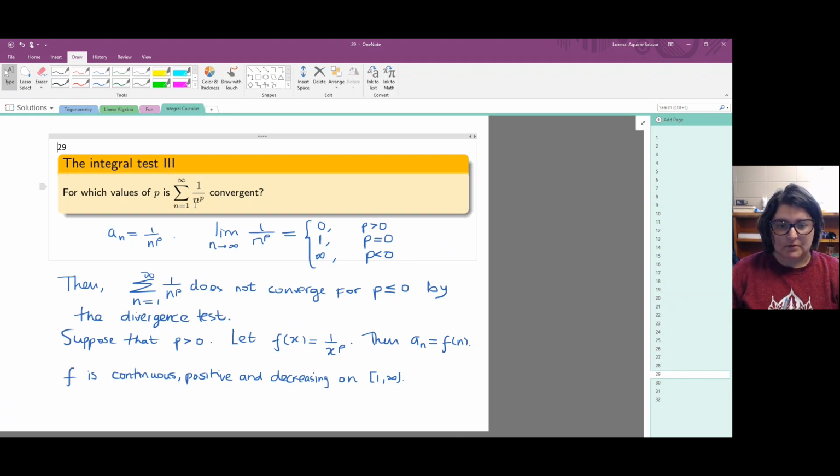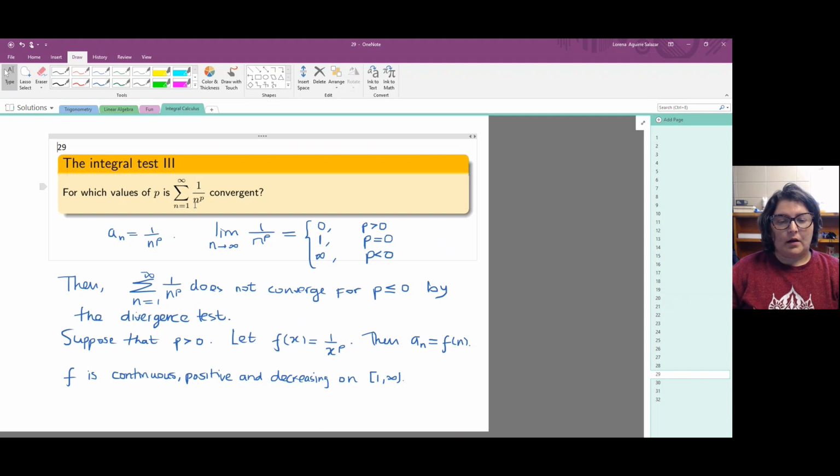The first thing we did was analyze what happens with a_n as n goes to infinity. a_n is the nth term of the series, 1 over n to the p. We can already tell that when p is negative or 0, 1 over n to the p doesn't go to 0. Then in that case, the series doesn't converge by the divergence test, or the test of the nth term of the series.